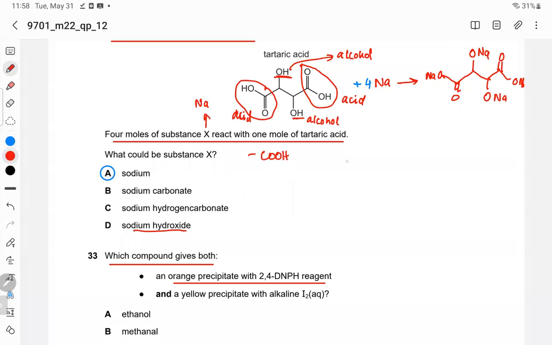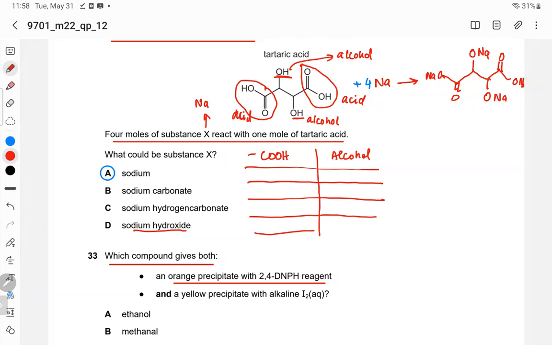Carboxylic acid and alcohol. So sodium reacts with carboxylic acid and alcohol both. Sodium carbonate reacts with carboxylic acid but not with alcohol. Sodium hydrogen carbonate reacts with carboxylic acid but not with alcohol. Sodium hydroxide reacts with carboxylic acid but not with alcohol.